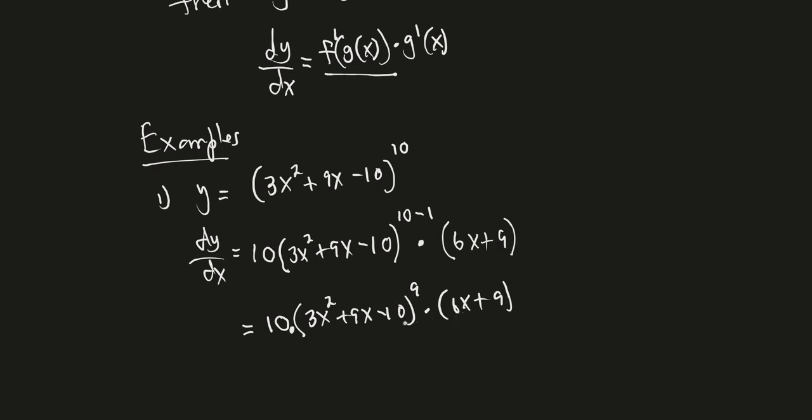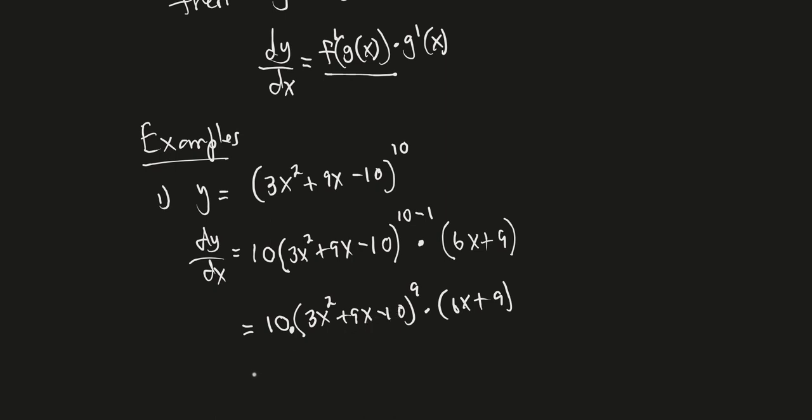Well, I cannot distribute the 10 to this factor, because if you think about it, the order of operations says before I do any multiplication, I would have to evaluate any powers, any exponents, right? Well, the way I would evaluate this is by FOILing out the now 9 factors of 3x squared plus 9x minus 10.